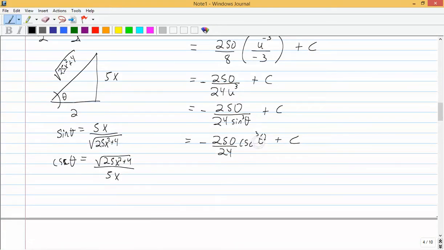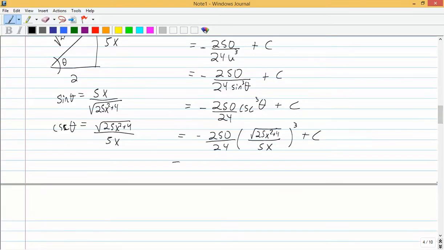Alright, so if I plug that in and cube it, negative 250 over 24 times the square root of 25x squared plus 4 over 5x cubed plus c. You probably don't want to cube out the top.